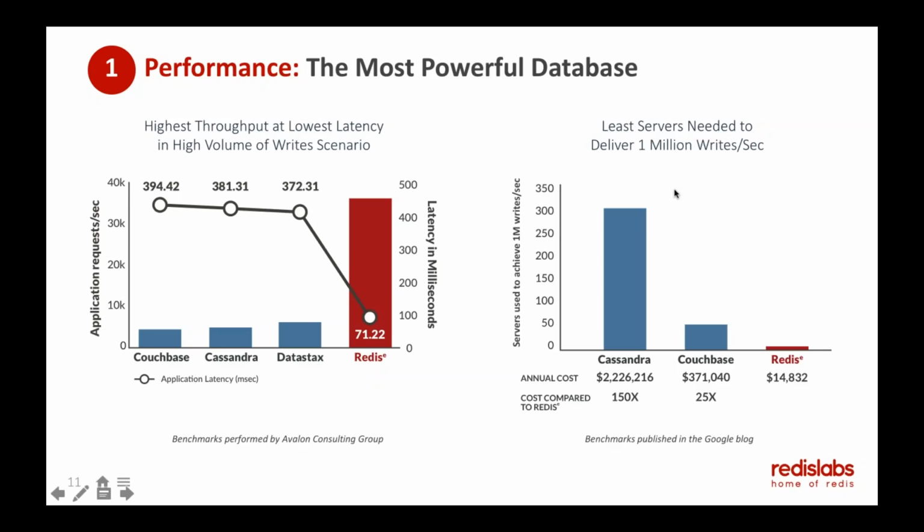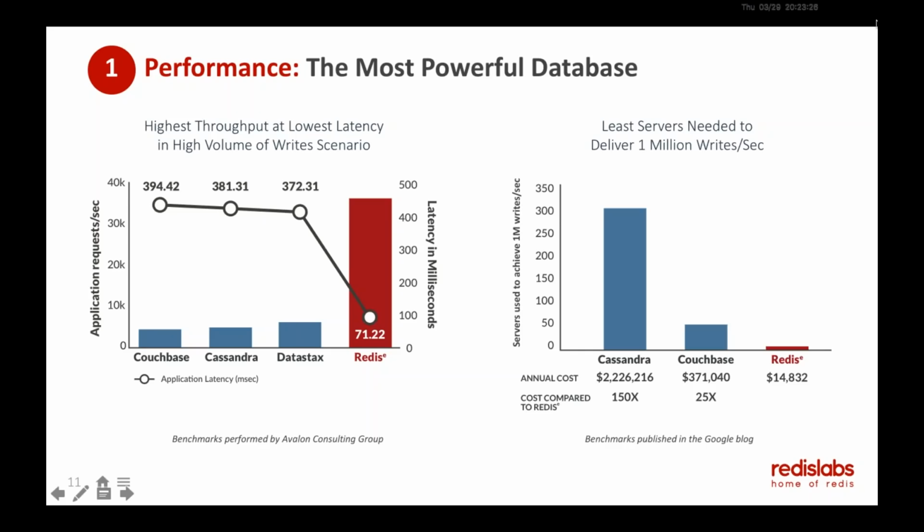The graph on the right is an interesting graph to bring up because it is talking about the total cost of ownership. If you are trying to achieve 1 million writes per second, and you compare to competing data technologies or databases out there, Redis does not need a lot of VMs to reach that throughput and those writes.